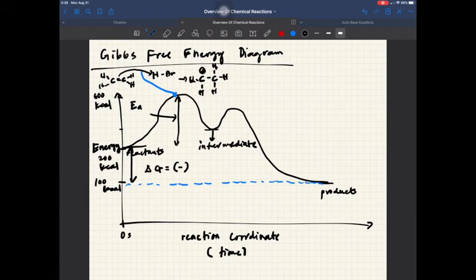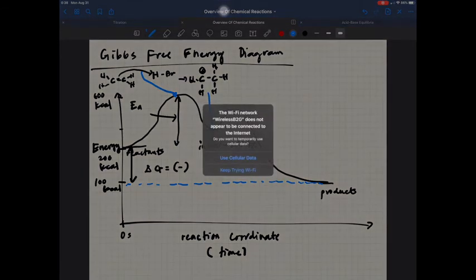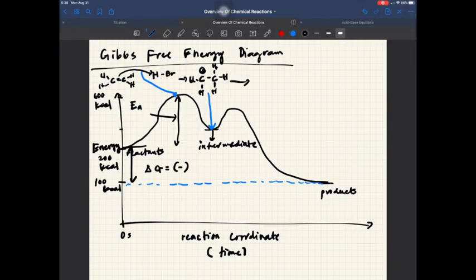And this state signifies this point. And finally, the nucleophilic attack of your bromide in the background signifies this maximum value. The formation of your product results in an overall lowering of your energy state, and finally results in a negative change in Gibbs free energy. Therefore, this reaction is stable and spontaneous.